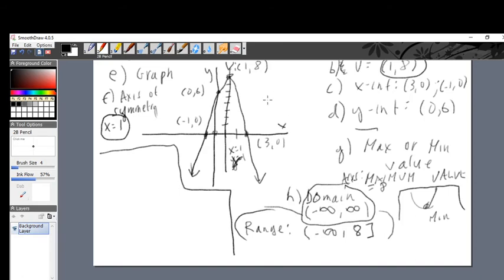Let's do example number 2. You're given f of x is equal to negative x squared plus 4x minus 5, and you're asked to find the vertex.